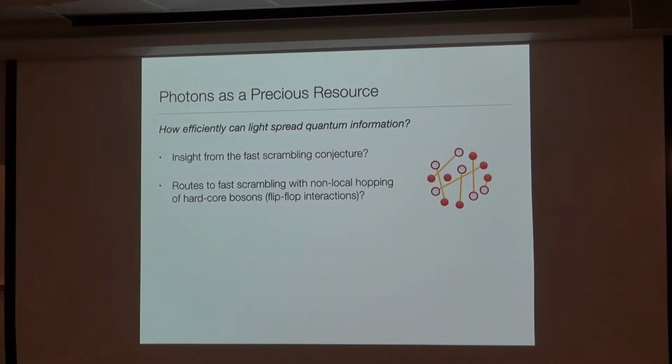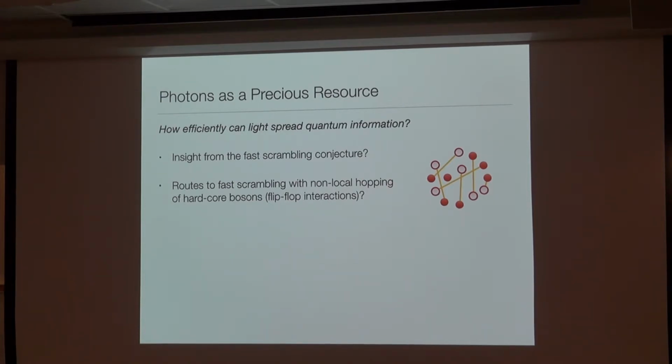I think this idea that there's cooperativity setting a figure of merit for how coherent the interactions can be raises a broader point. I always think of photons as a very precious resource, right? I'd like to use them as efficiently as I can, because there's always some small chance, if we work hard, that they will leave.